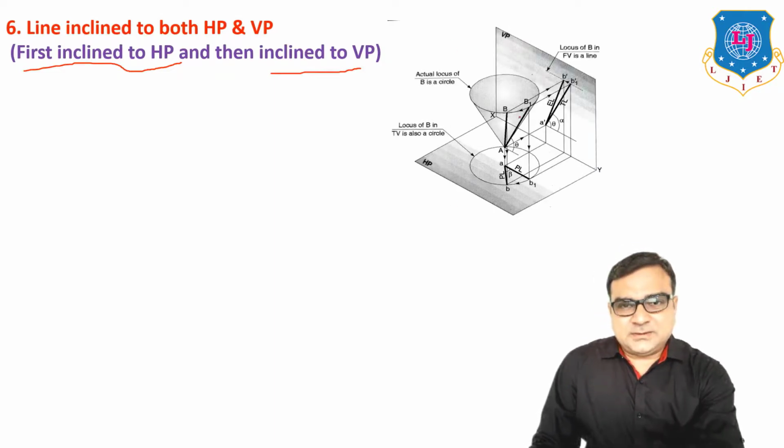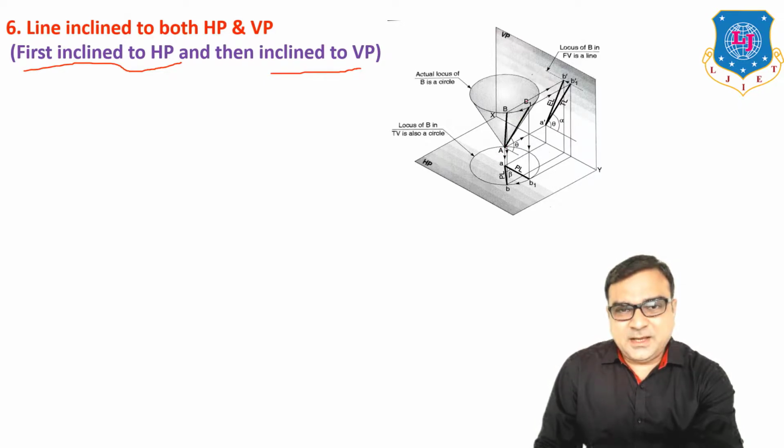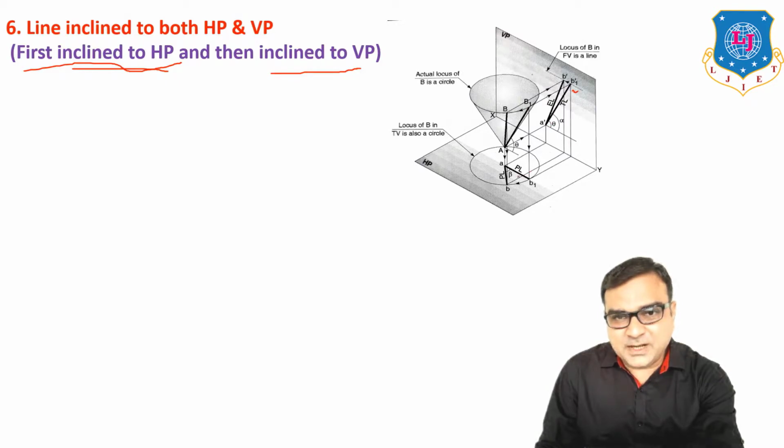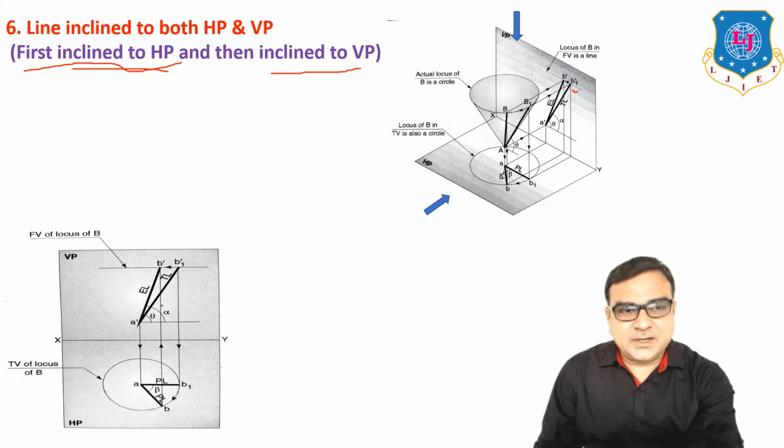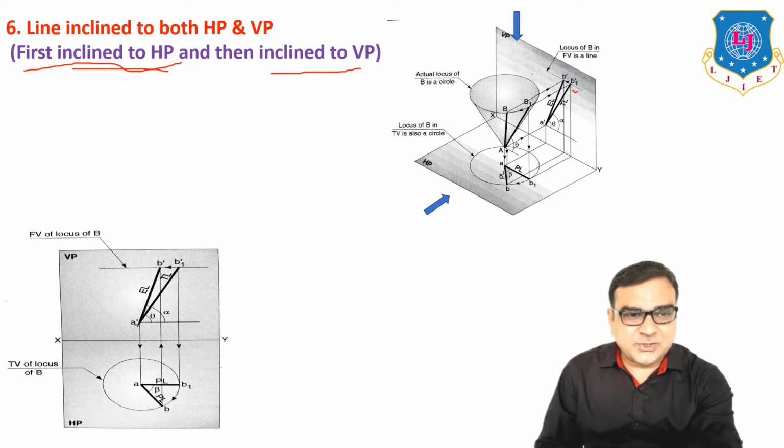Look at the picture in which our first position of the line, line AB1, is inclined to HP and parallel to VP. The front view of line AB1 on the vertical plane is small a dash B1 dash, and the top view of the line on HP is AB1. These are the representations: first position, A dash B1 dash front view and A B1 top view.